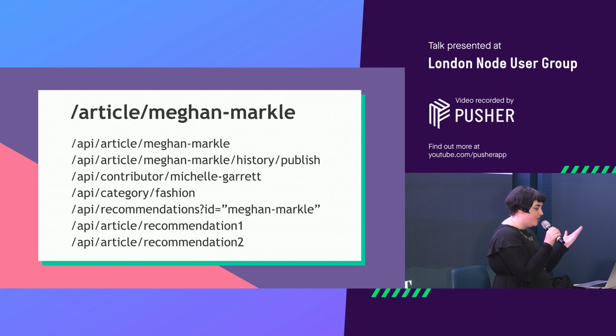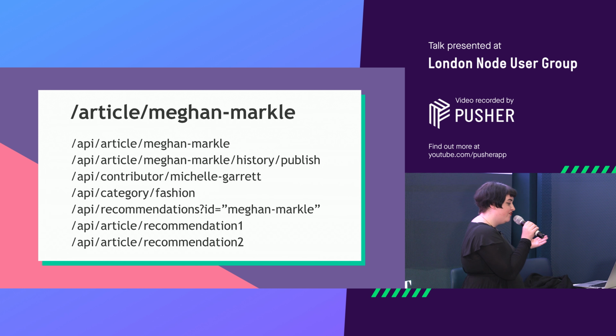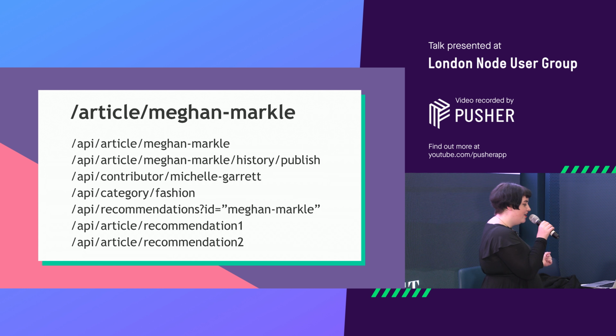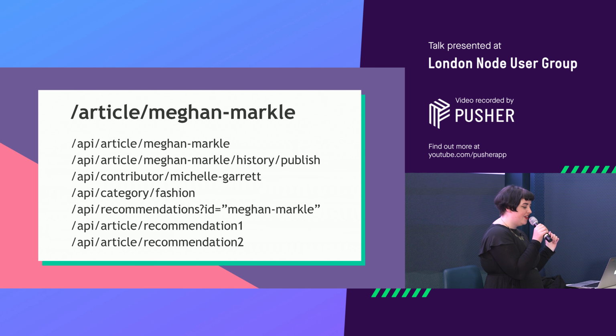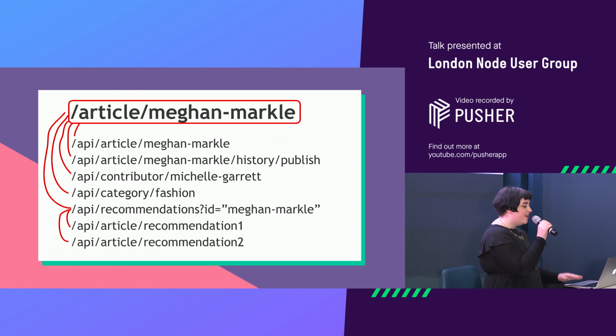You'd have to look up the contributor, Michelle Garrett. You'd have to look up the fashion category to get information about that. You'd have to look up recommendations for the article from the recommendations API. And then with the IDs that returns, look up every single one of those articles individually. And then you'd have to smush all that data together to render this article.